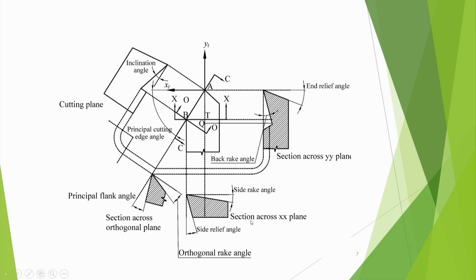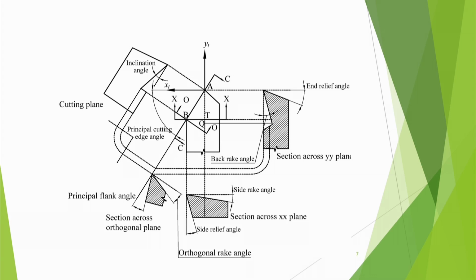This time we have taken sections, and the cutting plane is in this direction. In the cutting direction, this BC point goes here. So you are having cutting plane, and here this is inclination angle. And if I take the orthogonal plane, I just rotate it here.